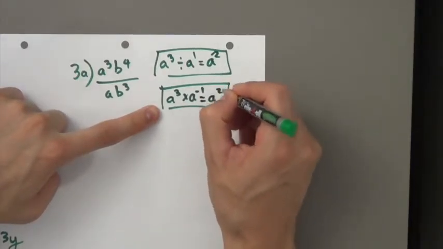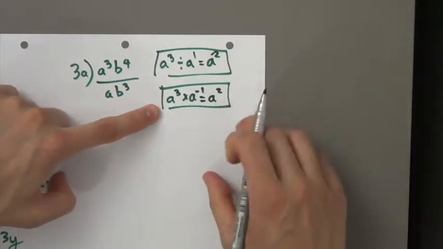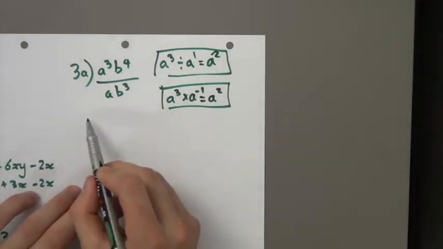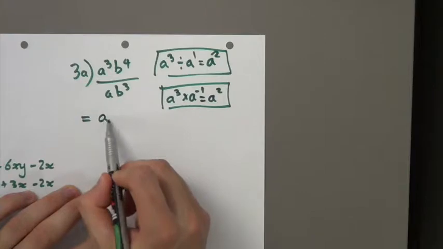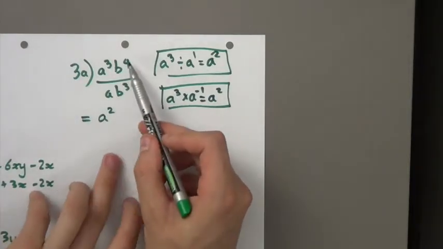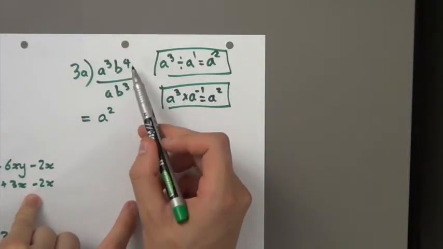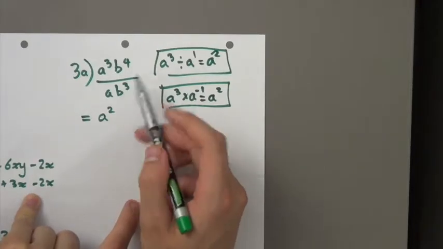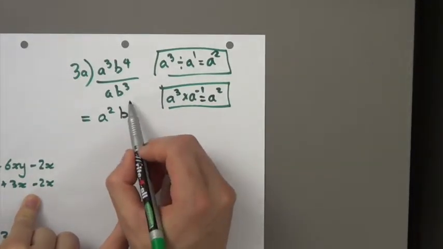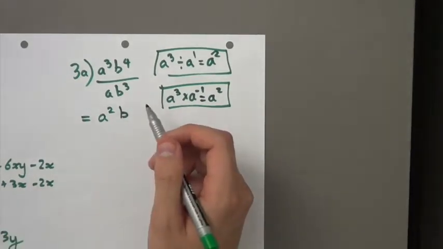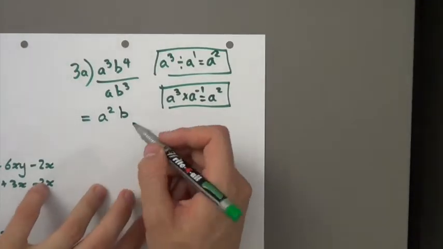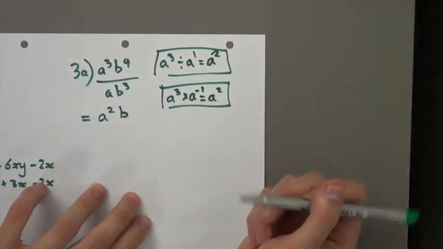So this is a squared. So both ways, we get the same answer. So anyway, let's simplify this. So this becomes a to the 2. Same principle here. So b to the 4 plus minus 3 is going to be b to the 1, or an invisible 1. And that's your answer.